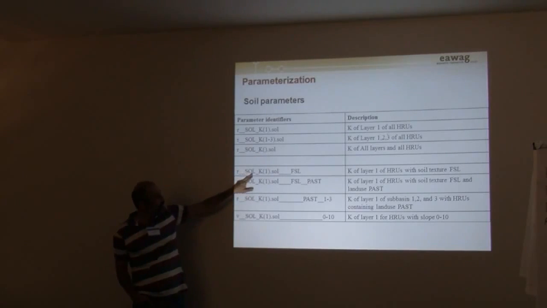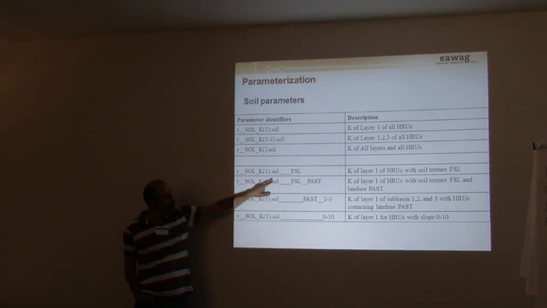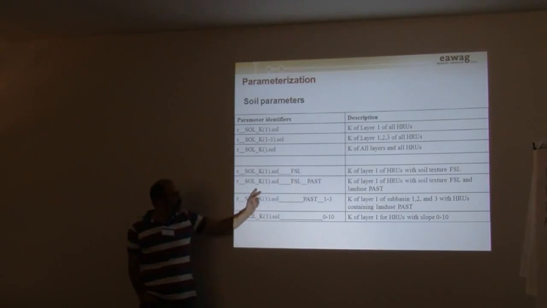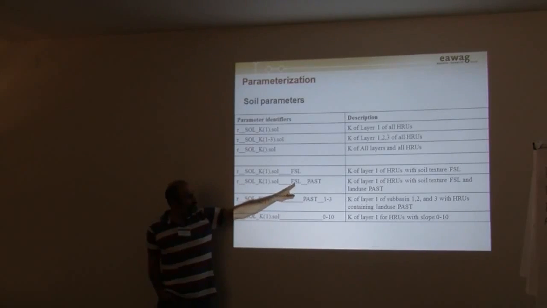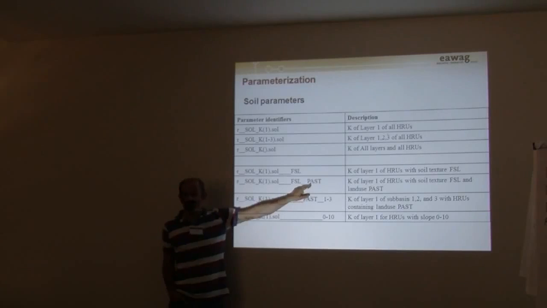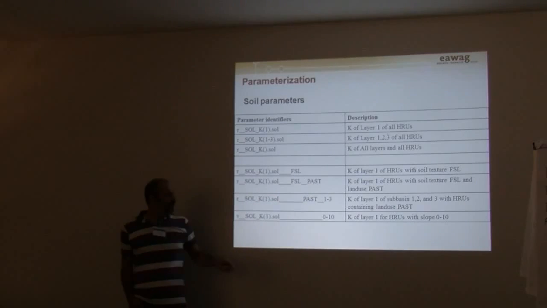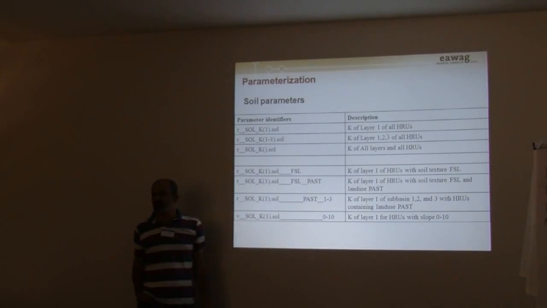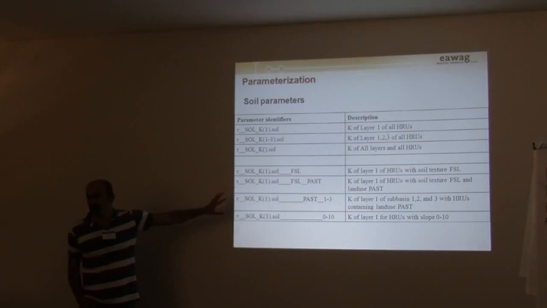Or only of layer 1 when the soil texture is fine silty loam. Or of the first layer when the soil is fine silty loam and the land use is pasture. Or when the land use is pasture and for subbasin numbers 1 to 3. So any combinations of these, you are able to change the parameters.